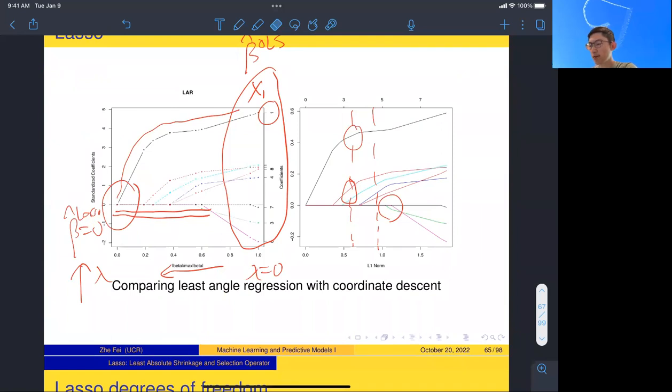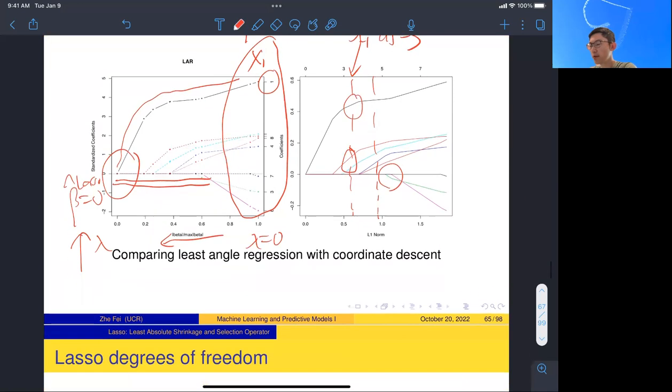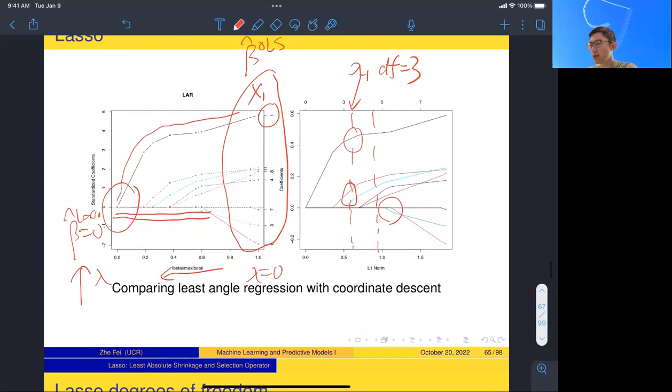But as lambda increases, some betas become 0, and the degree of freedom would decrease. For example, for this lambda value, lambda 1, the degree of freedom is approximately 3, corresponding to the 3 non-zero betas.